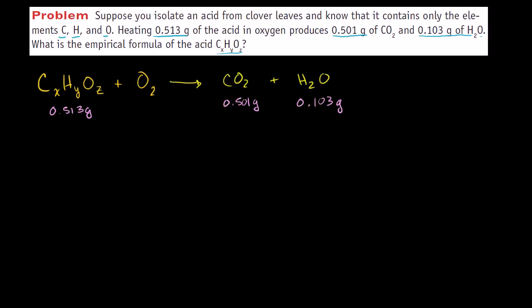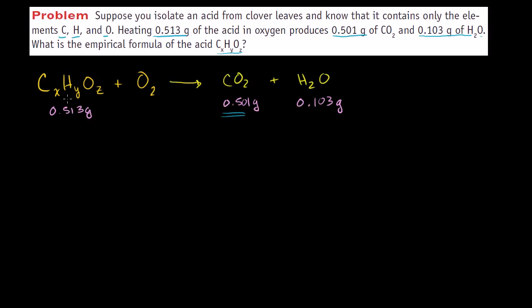What we're going to do here is figure out the moles of carbon dioxide using this information. That'll tell us the moles of carbon that must have come out of our mystery acid, because this was the only source of carbon that might have generated the carbon dioxide. Then we're going to use the water to figure out the moles of hydrogen in the product, which has to be the same as the moles of hydrogen in our mystery substance.